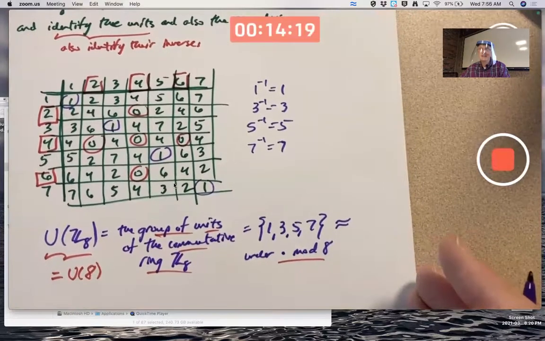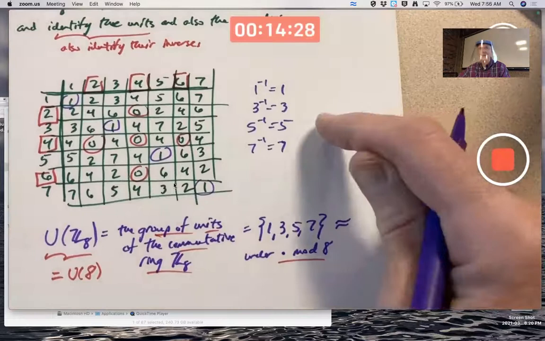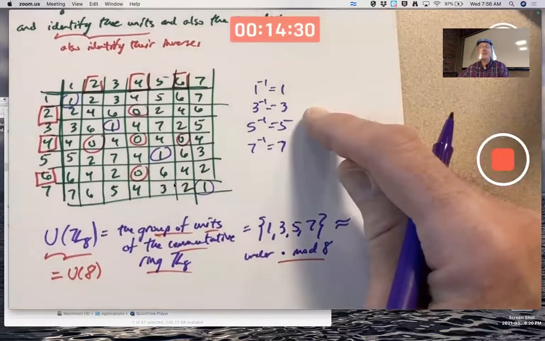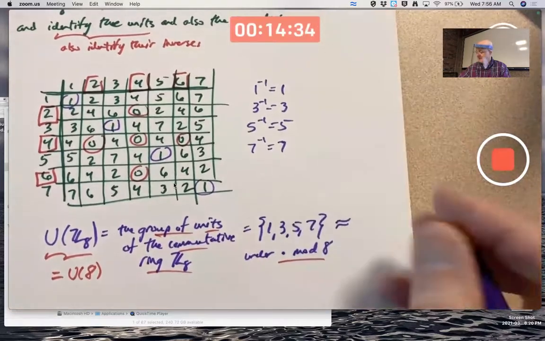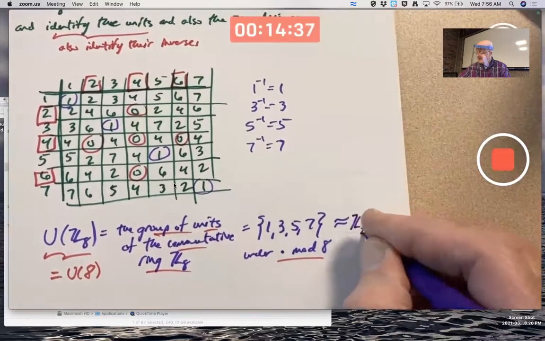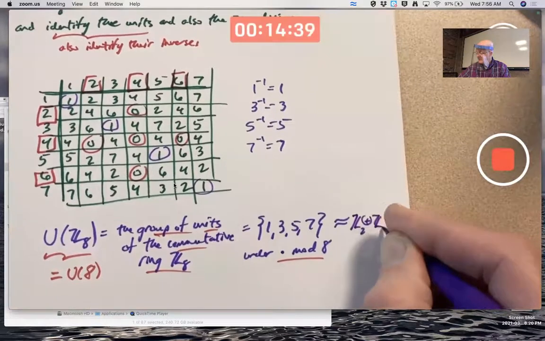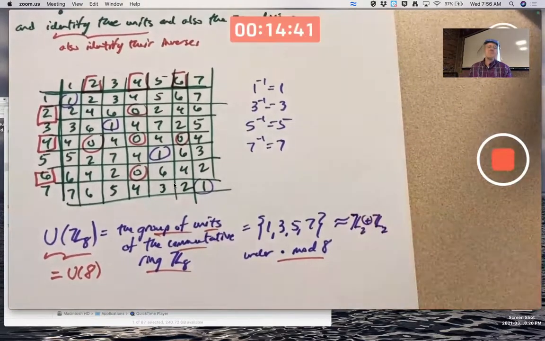Is it a cyclic group? Every non-identity element has order 2. It's not cyclic. It's isomorphic to the external direct product of Z2 with itself.